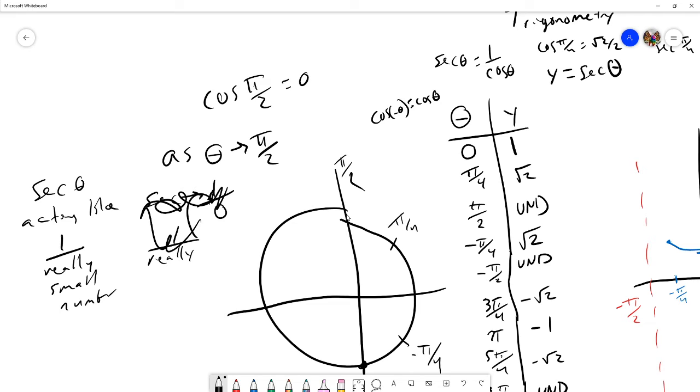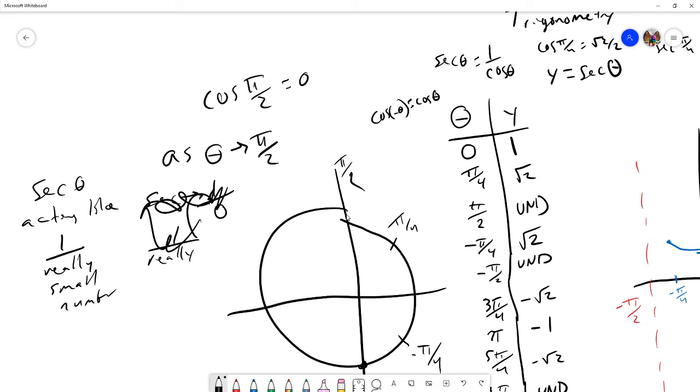Because if you recall, 1 divided by 0.001, well, that's 1,000. So every 0 you add in is going to add another digit. So as we get closer and closer to 0, we're going to get bigger and bigger values.